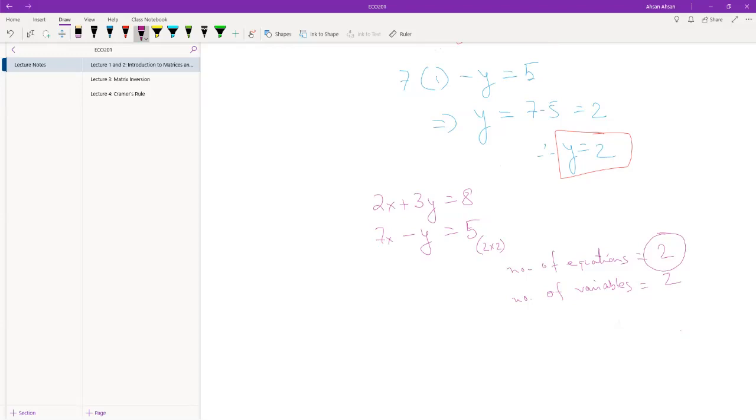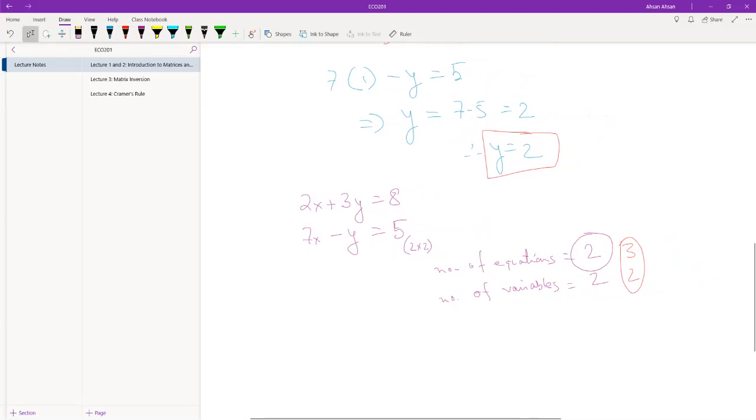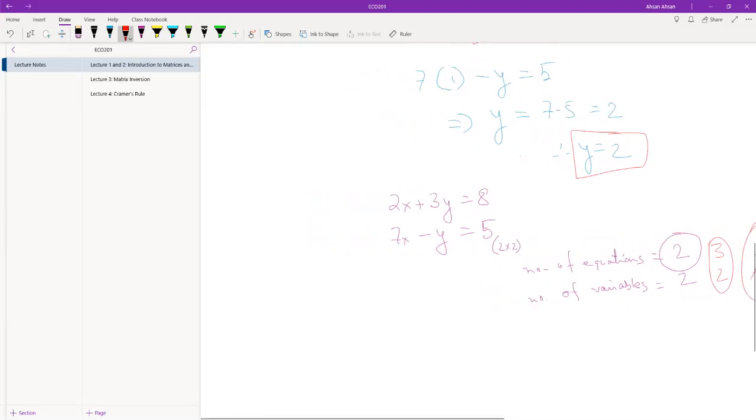So if we had, let's say, 3 equations and 2 variables, that is fine. We can still solve this system of equations. But if we had 2 equations but 3 variables, so suppose we had x, y, and z, we can no longer solve the system of equations.